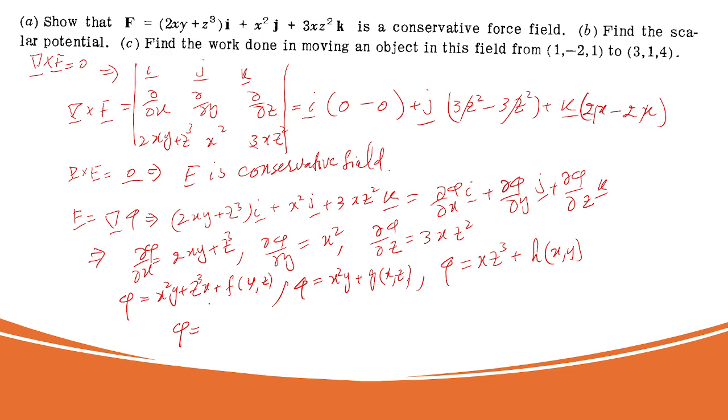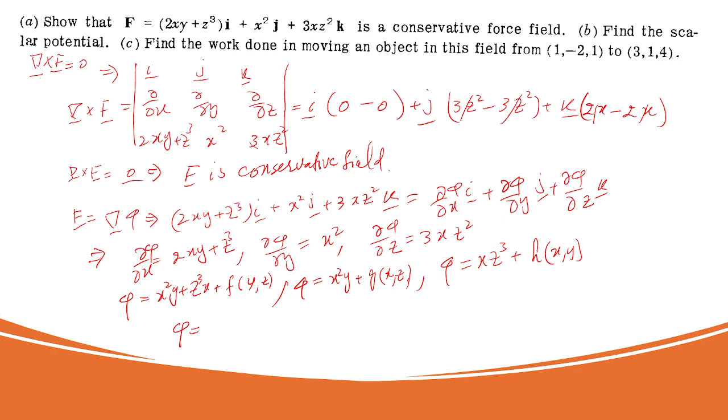So we come to the conclusion that all the terms will be mixed. So we have to search for the function of y and z in all three. There is no function of y and z, so that means this function is a constant.